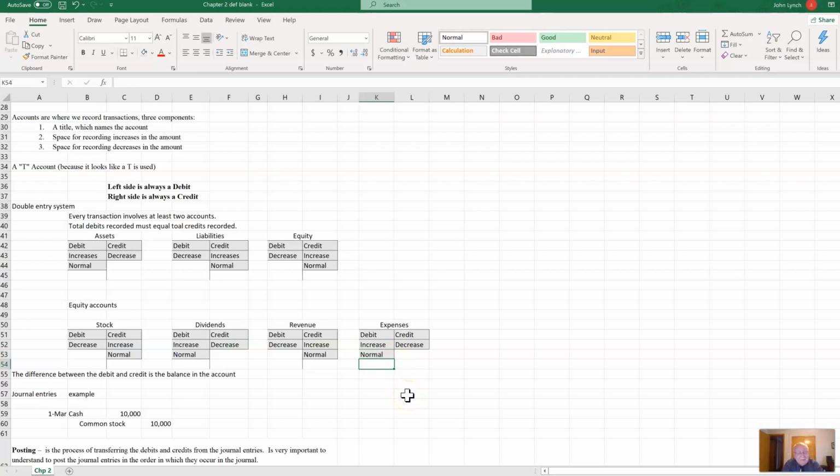Now, if you think about it, this kind of makes sense because this is the equity accounts. We got to think about how do we increase or decrease equity. In general, equity is a credit balance. However, there's some common stock. These are very specific parts of it. Common stock normally carries a credit. Dividends will normally carry a debit. And the reason why is those are subtracted from each other.